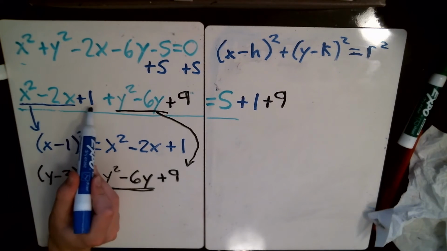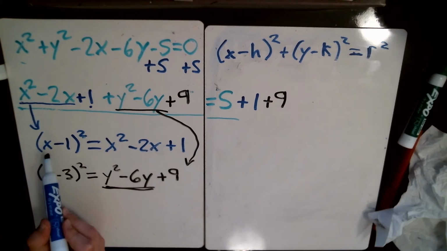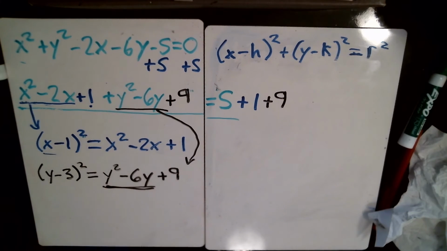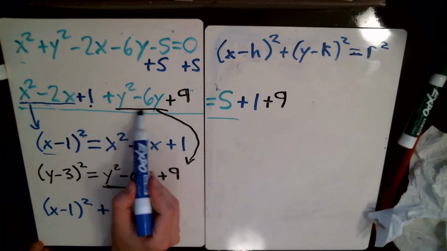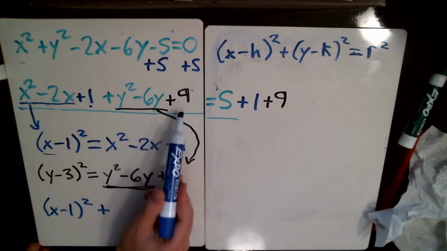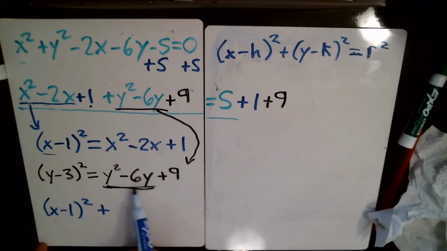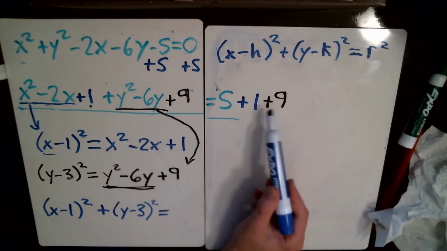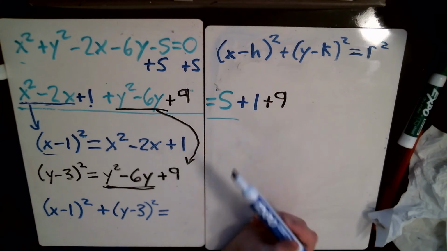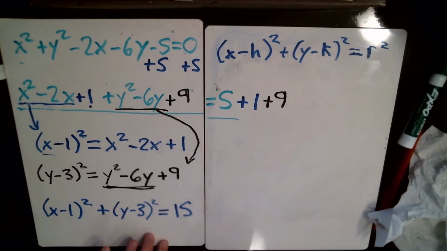So once I add this 1 right here, this whole expression becomes x minus 1 squared. So it's x minus 1 squared plus this expression here, y squared minus 6y plus 9, that's the same as y minus 3 squared. And then this is equal to, we just add these all together, 1 plus 9 is 10, and then plus 5 is 15 here.